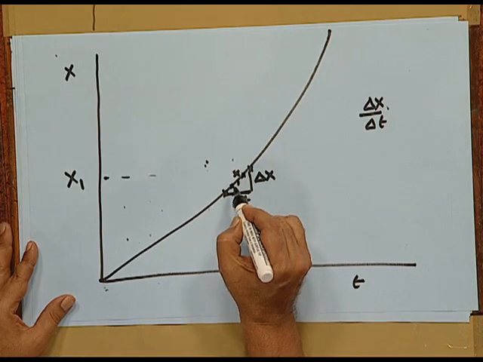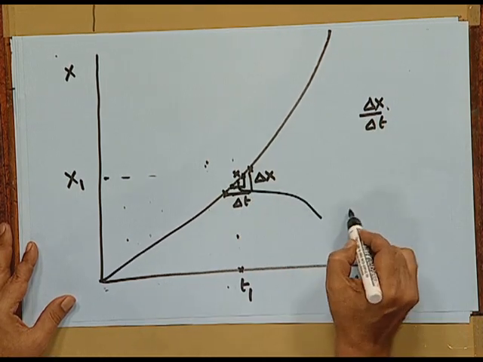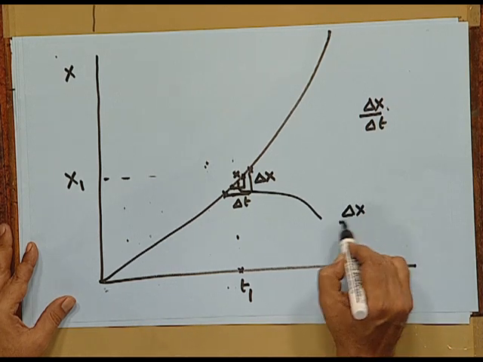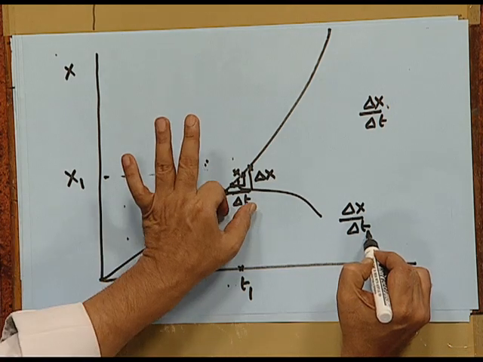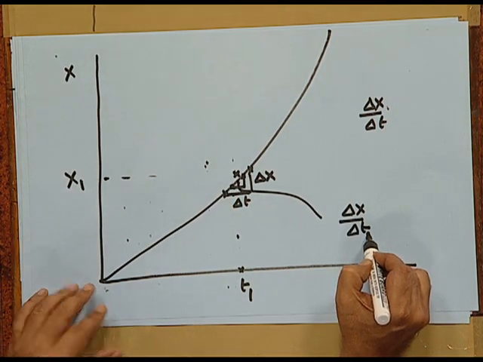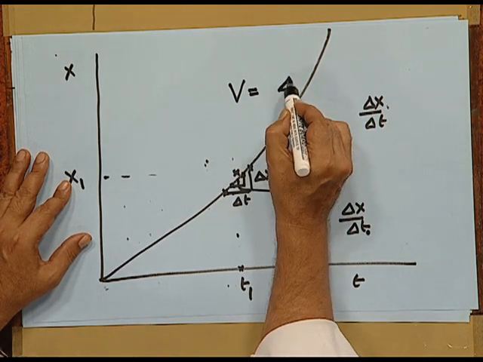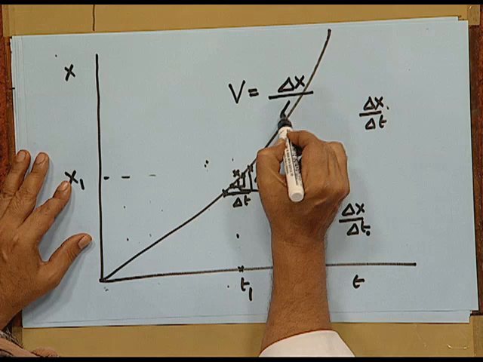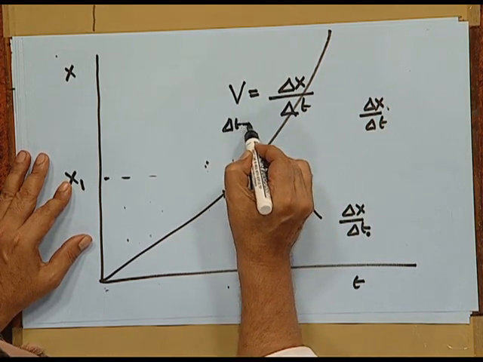Around this point, take 2 points very close by, make delta t very small, find delta x, and again find delta x by delta t, but with this delta t being smaller than the earlier one. Go on doing this. What we mean by instantaneous velocity at a certain time, represented by v, is delta x by delta t for small intervals of time, with delta t tending to 0.